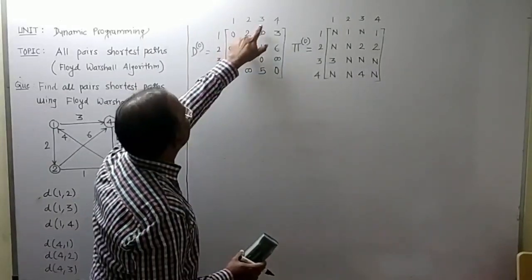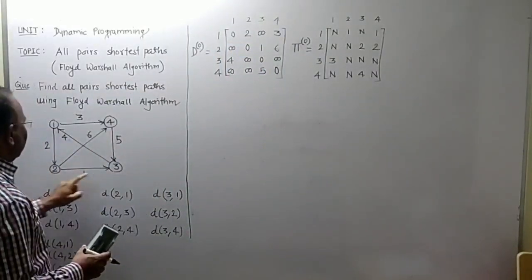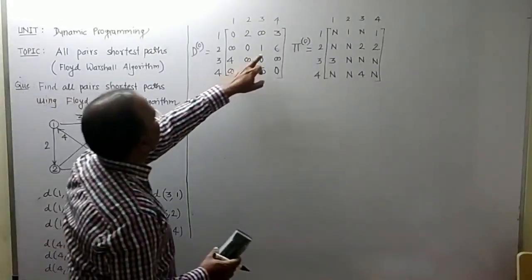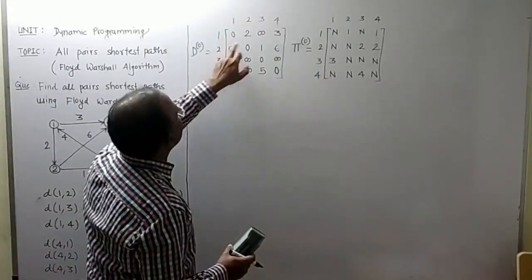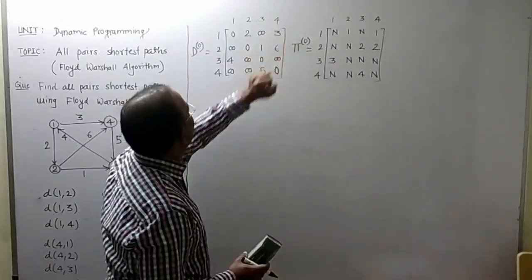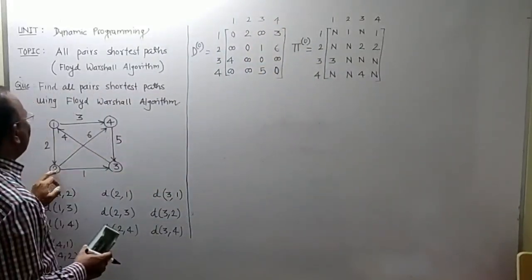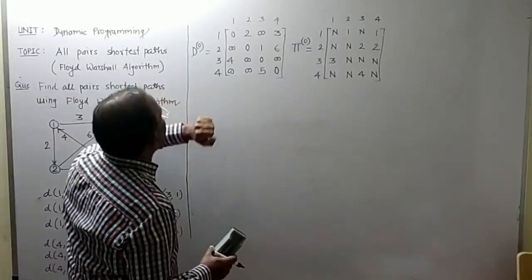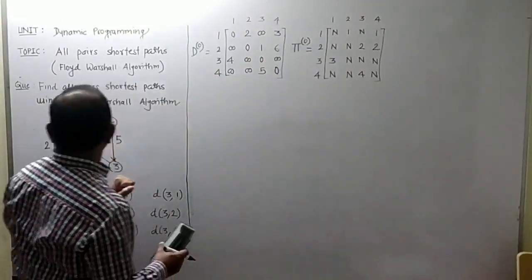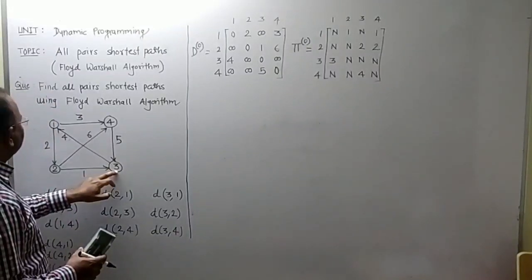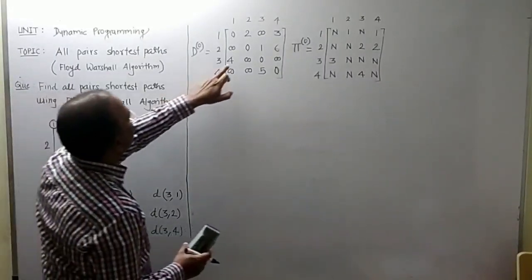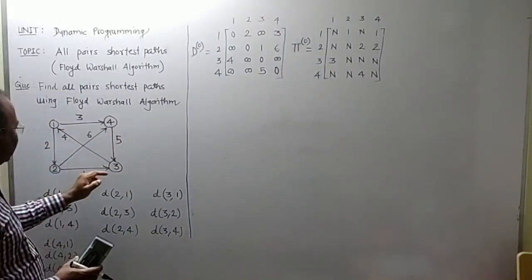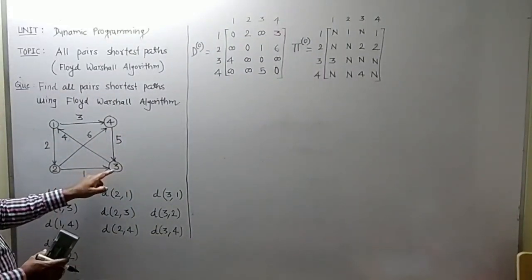Then 2 to 3, there is a direct distance from 2 to 3, that is 1, hence 1 is written here. Then 2 to 4, direct distance 6 is written. Now start from the third vertex. 3 to 1, direct distance is 4. 3 to 2, see whether there is a direct distance from 3 to 2.